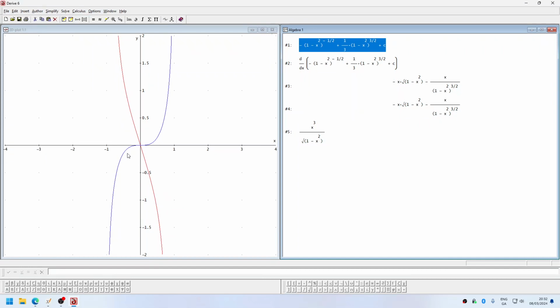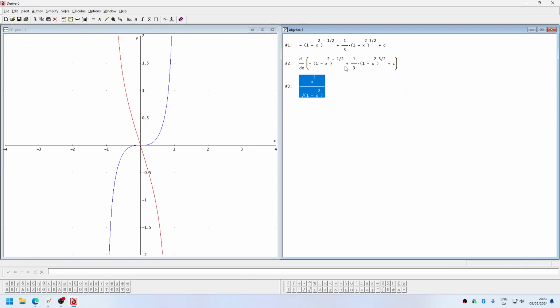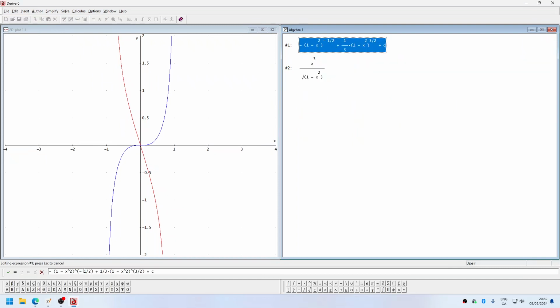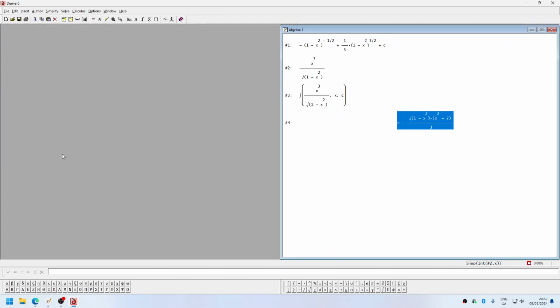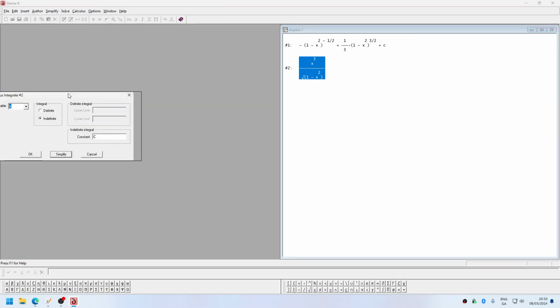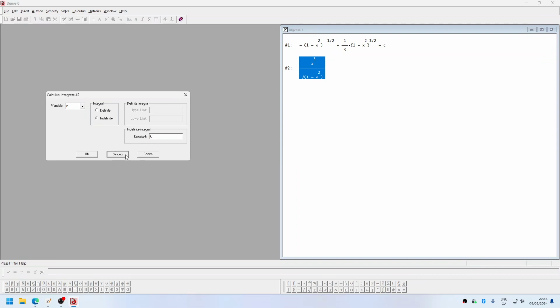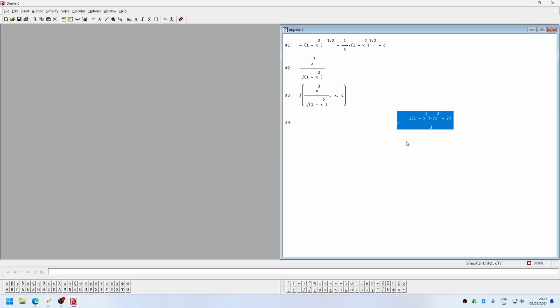What has gone wrong? Let's integrate this.